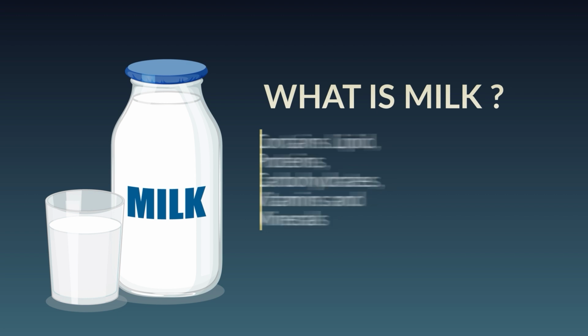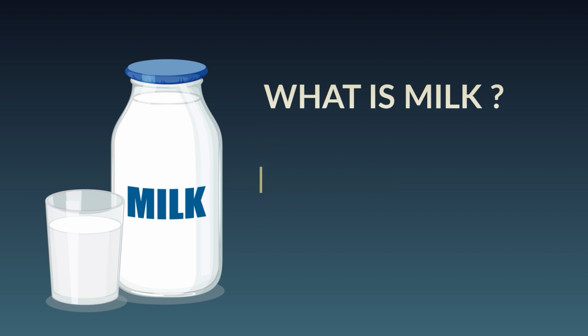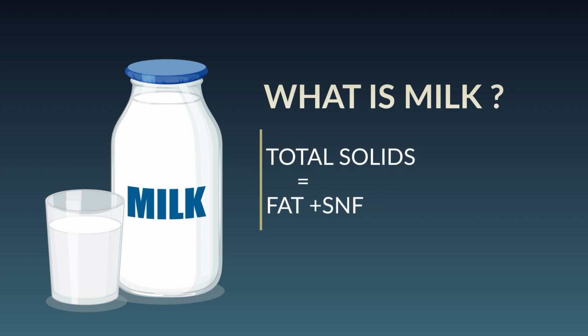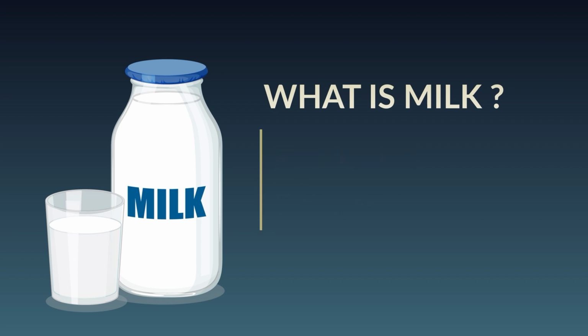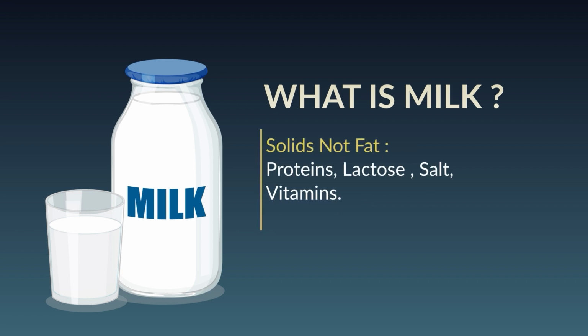For a simple understanding, we say milk has water and total solids. Total solids comprise fat and SNF, and SNF means protein, lactose, salt and vitamins. So, total solids minus fat becomes the solids not fat.